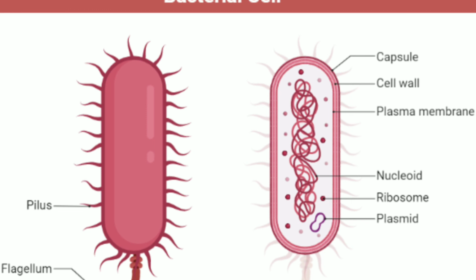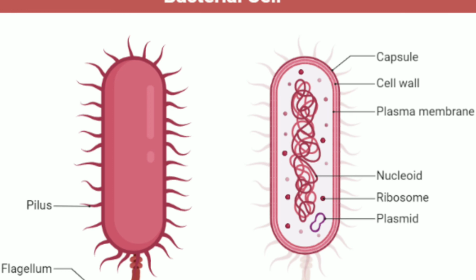These parts have the same functioning as in animal or plant cells. But one organelle, the ribosome, has a smaller structure than in animal or plant cells, but the same function, which is protein synthesis.